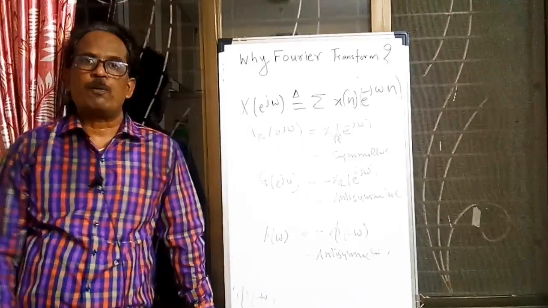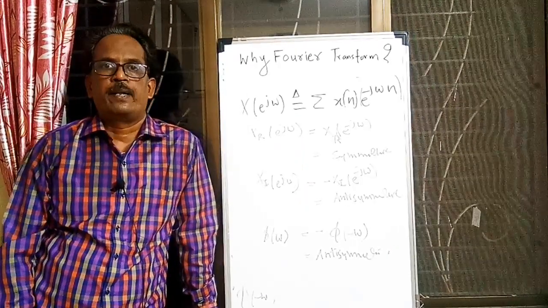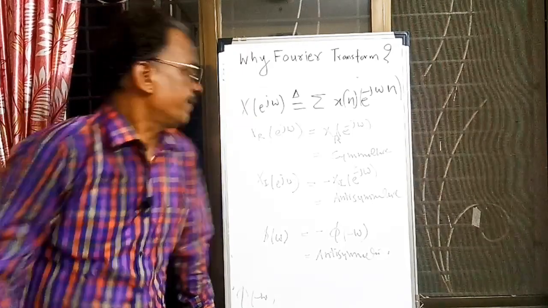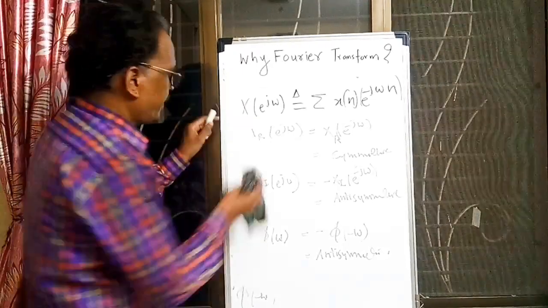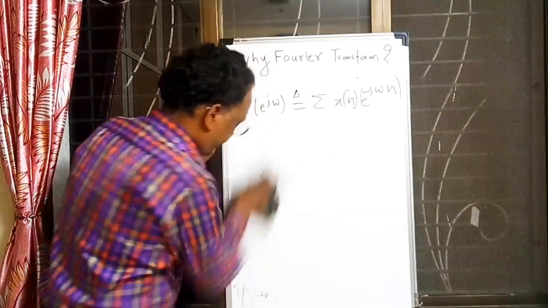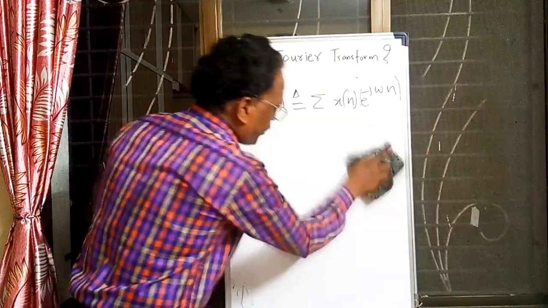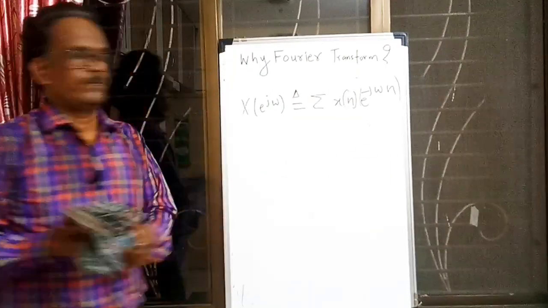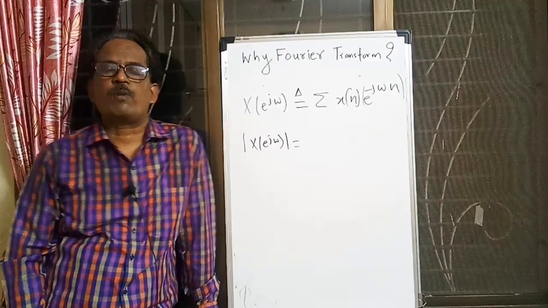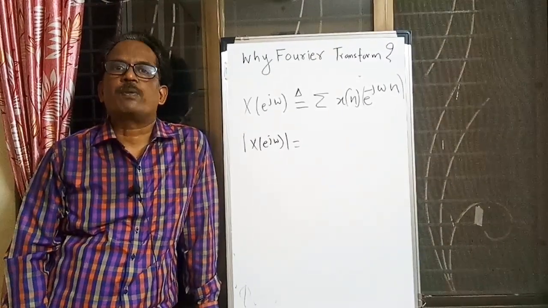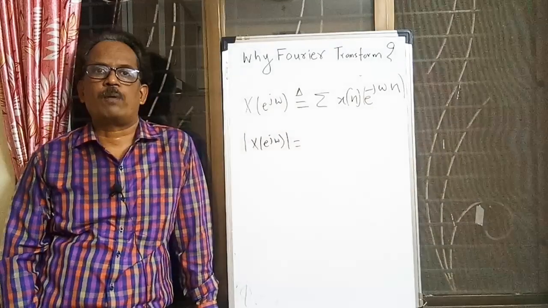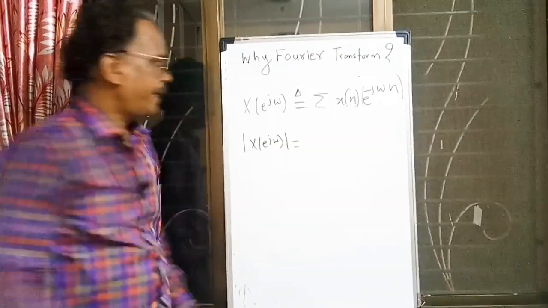Now we will talk about the magnitude of the Fourier transform, and after finding the magnitude we will stop this lecture. So let us find the magnitude of the Fourier transform. We know that the magnitude is equal to the square root of the real part squared plus the imaginary part squared. Now let us see what property the magnitude of the Fourier transform is satisfying.